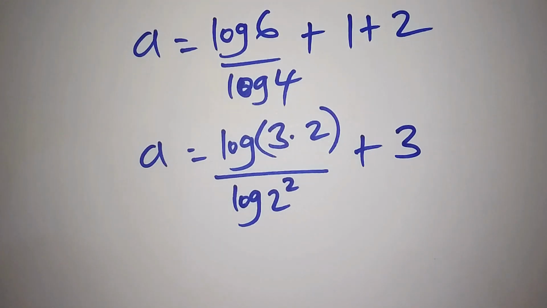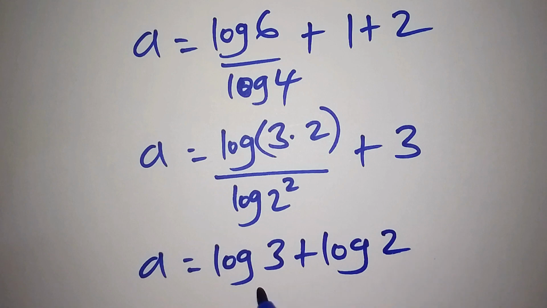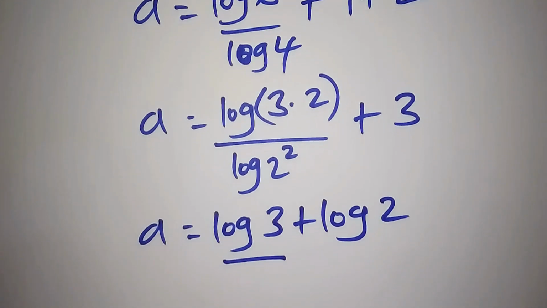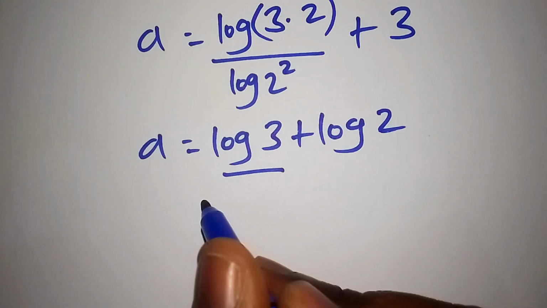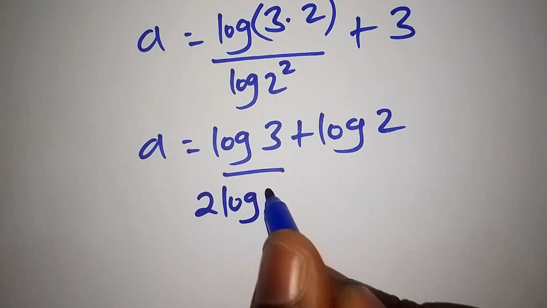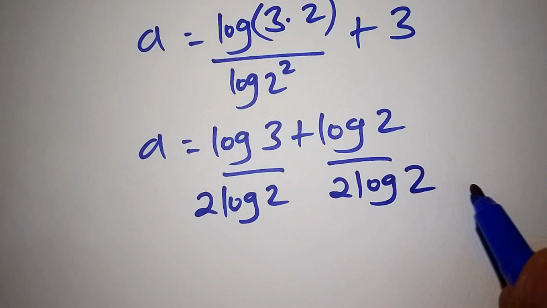So let's now work it out by saying that the value for a is equal to the log of 3 plus the log of 2, all over, the log of 2 to the power of 2 can also be written as 2 log 2, all over 2 log 2.